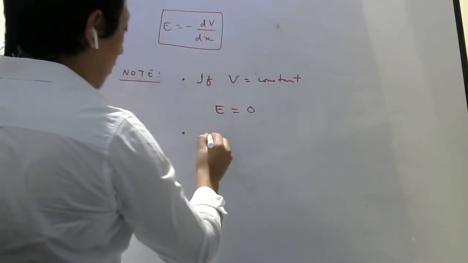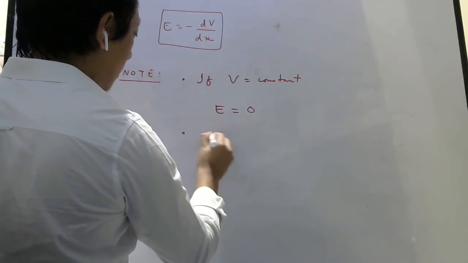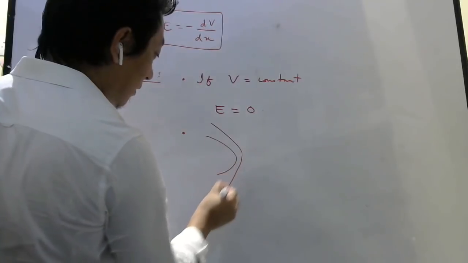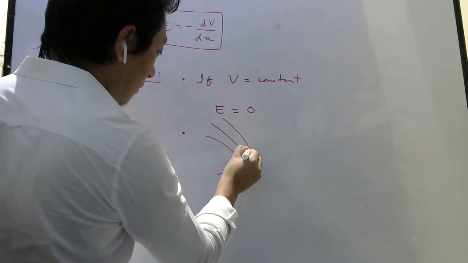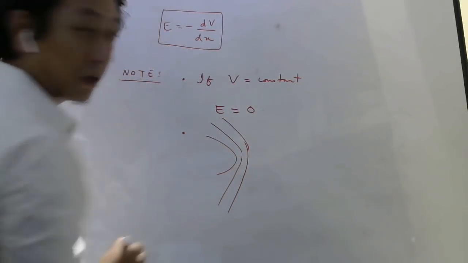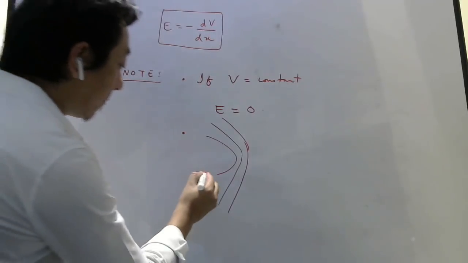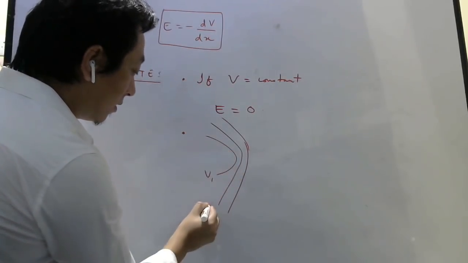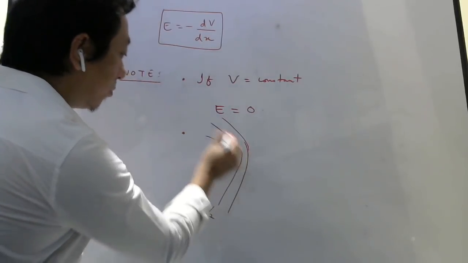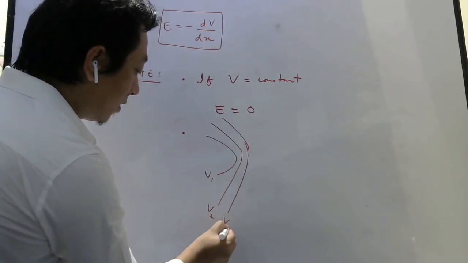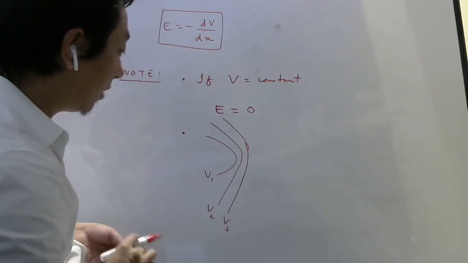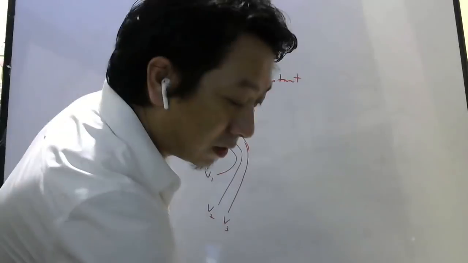Okay, this is the fourth point I think. Look carefully now. Let's say I have surfaces like this, equipotential surfaces like this. Okay, so this has potential V1, so every point will be V1. This is potential V2, so every point will be V2. This is V3, every point will be V3. Now listen to me carefully.